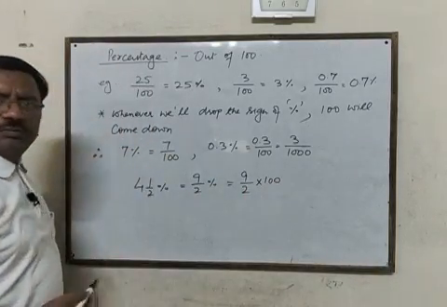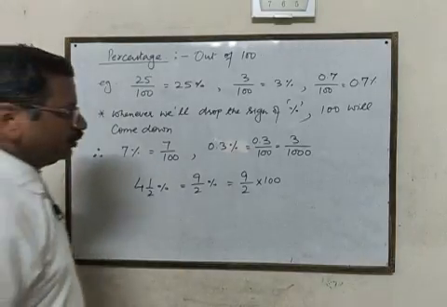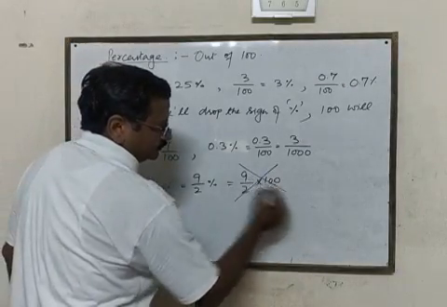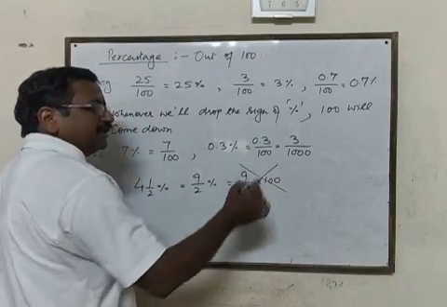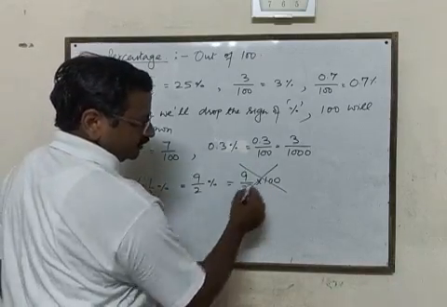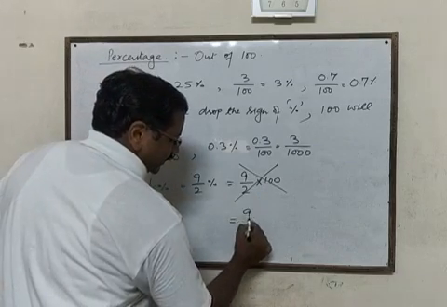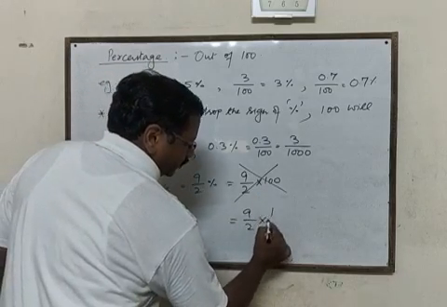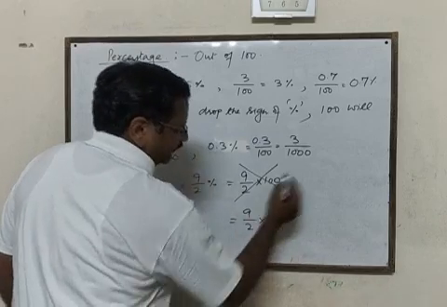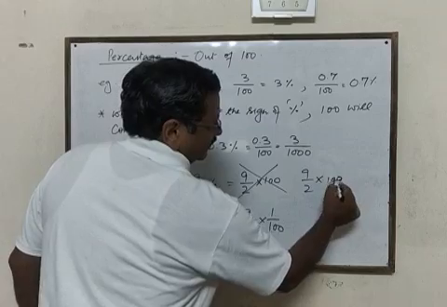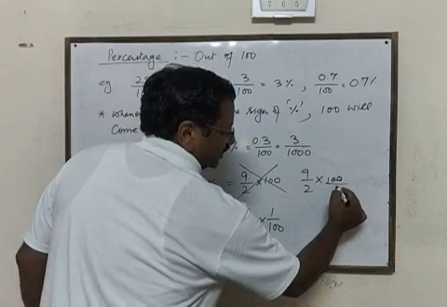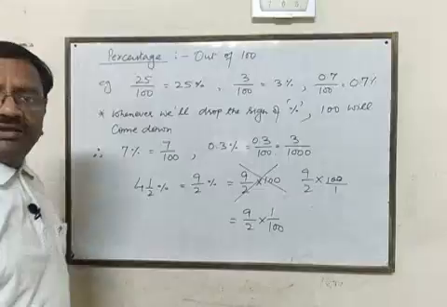If you remove the sign of percent, 100, no, this is wrong, because writing the 100 here means we have written it in the numerator. This is wrong. So what is correct? 9 upon 2 into 1 upon 100. If I write 9 upon 2 into 100, it means 100 is in the numerator, because nothing is there, so 1 is in the denominator.